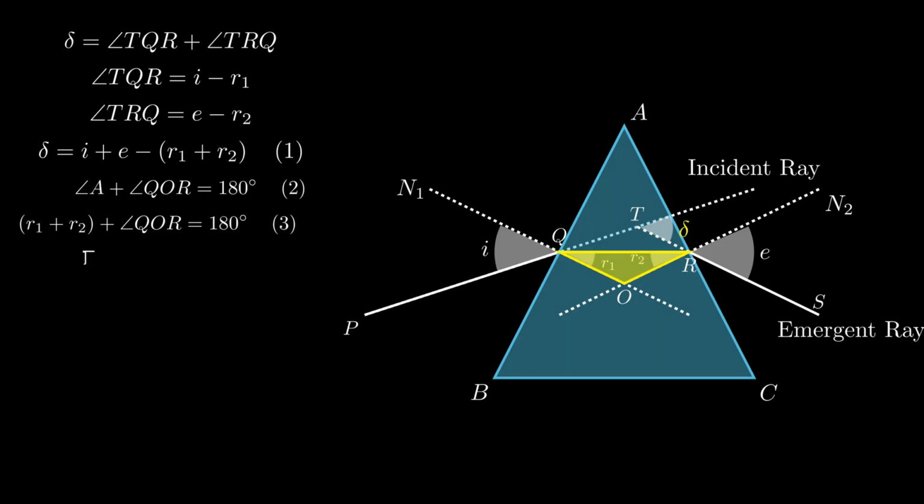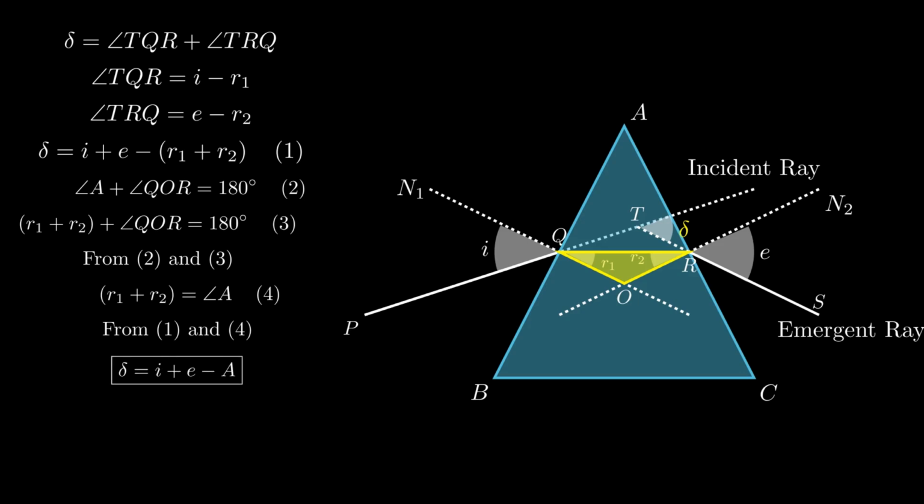Comparing equations 2 and 3, we get R1 plus R2 plus angle QOR equals angle A plus angle QOR. Cancelling out QOR on both sides, we have R1 plus R2 equals A. Using equation number 4 in equation number 1, we get delta equals I plus E minus A. This is the final expression that we get for the angle of deviation.